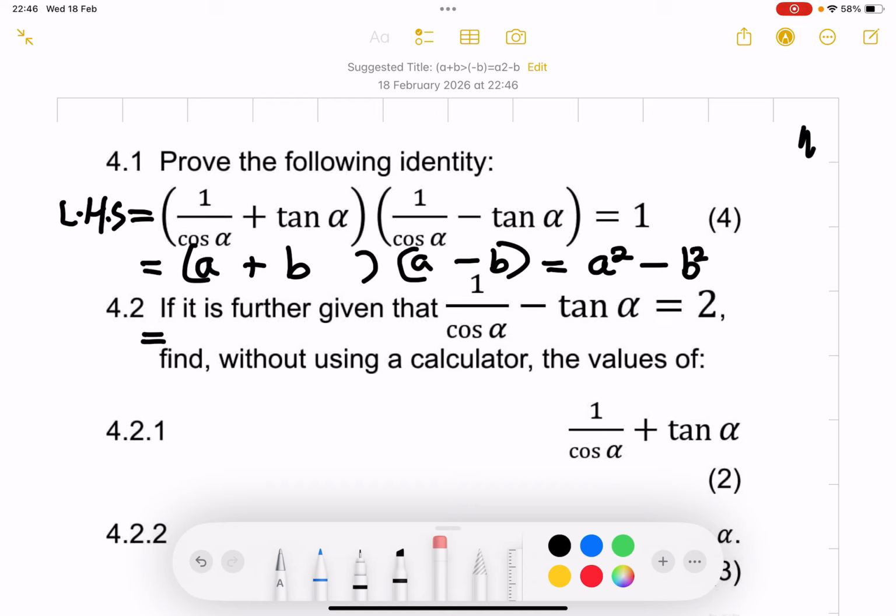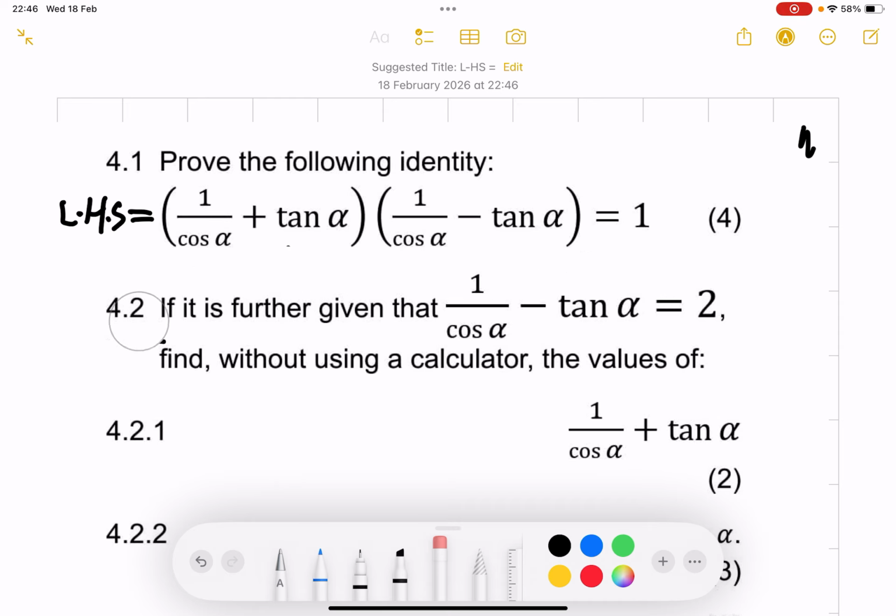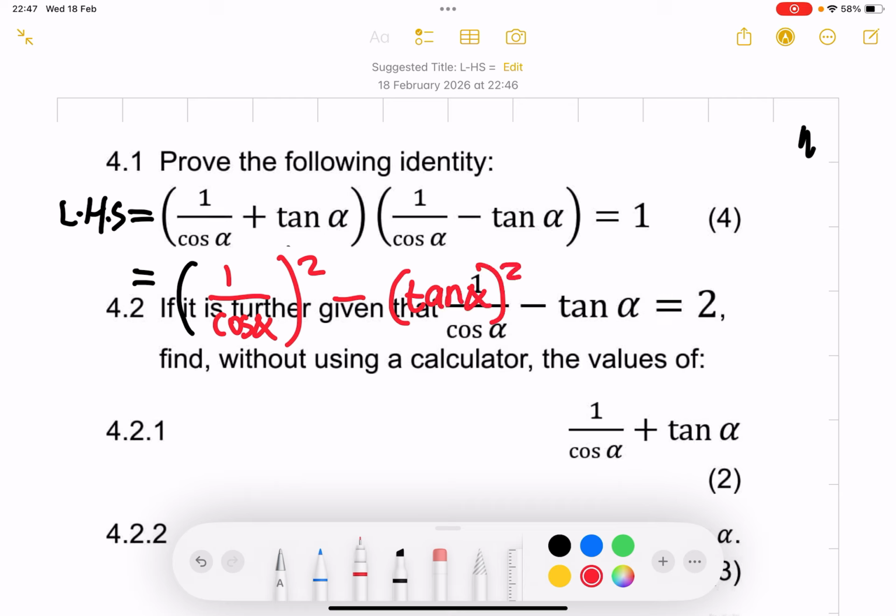So I'll remove this. I was just showing you that that is the difference of two squares. So it's going to be 1 over cos alpha squared minus tan alpha squared, because it's the difference of two squares.